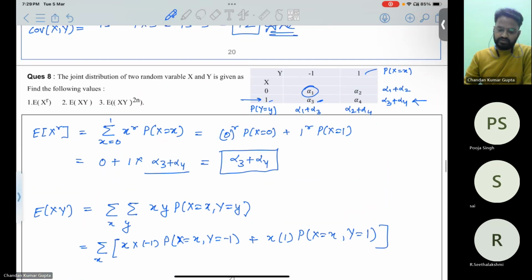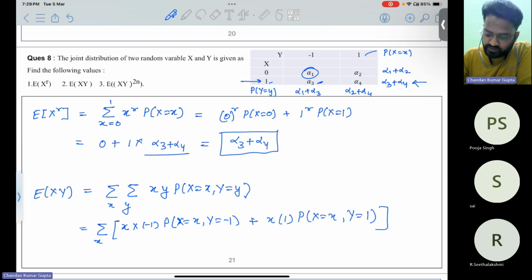And the third one is the expected value of xy to the power 2n.